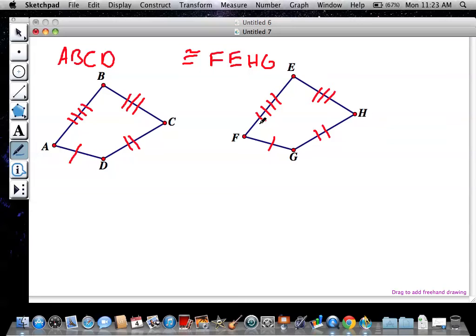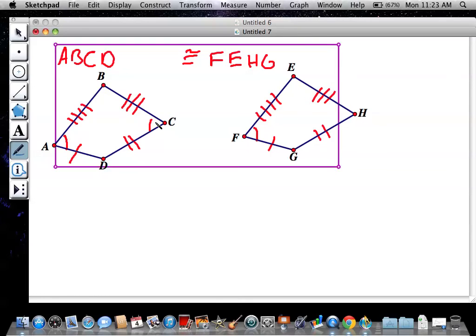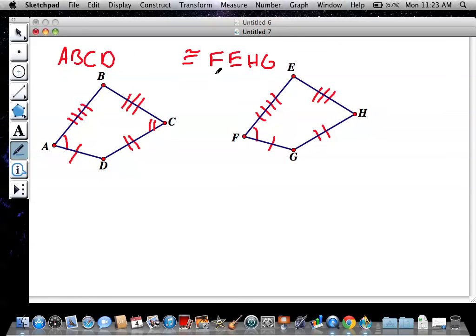So now, if I said that these two shapes are congruent, and I did this for angle F, I should be able to put the congruency on angle A, because their angles should also be congruent. If C is here, then that means C pairs up with H, so therefore H should be congruent.